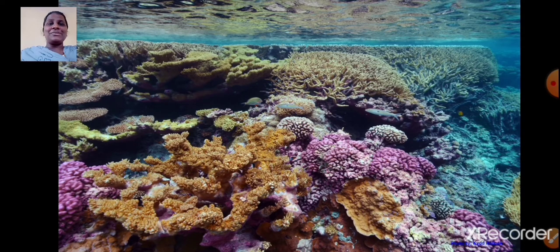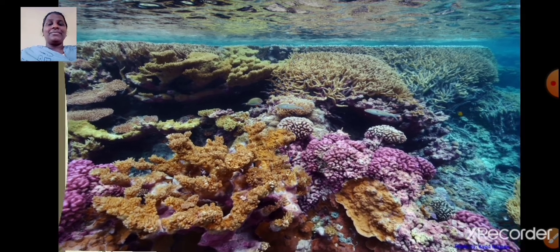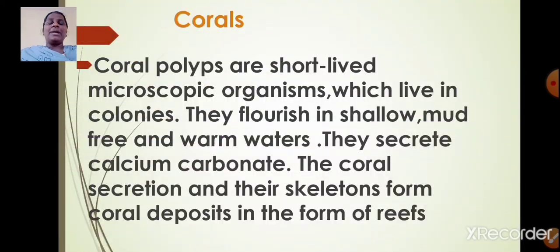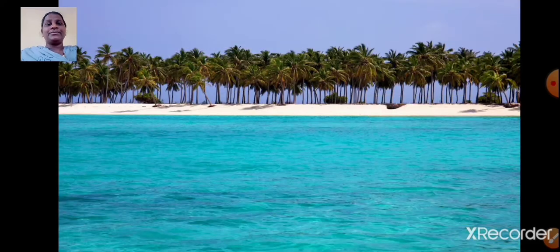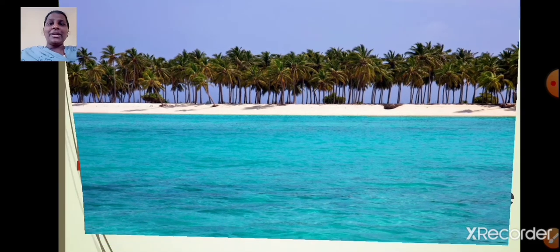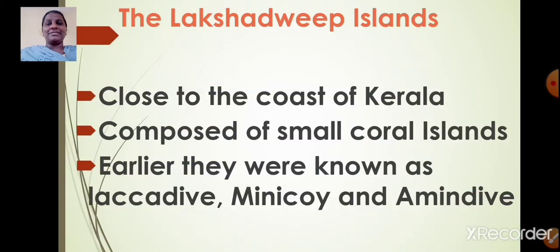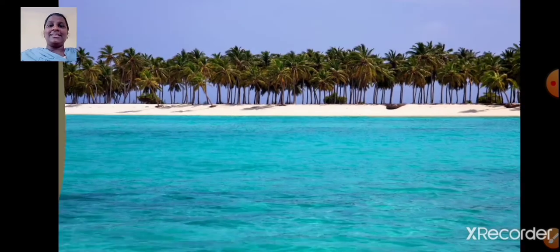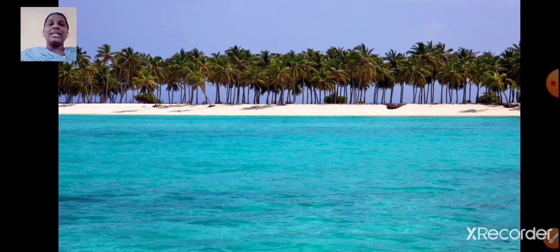Isn't it beautiful, students? Earlier, the Lakshadweep Islands were known as Lakadiv, Minicoy and Amandiv.